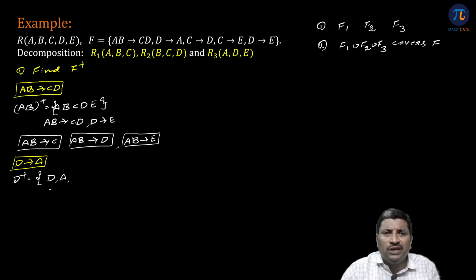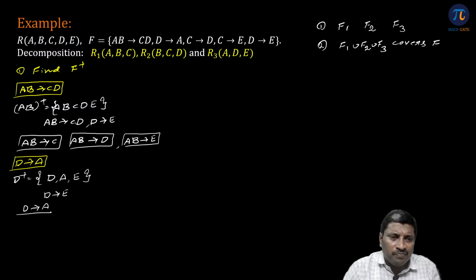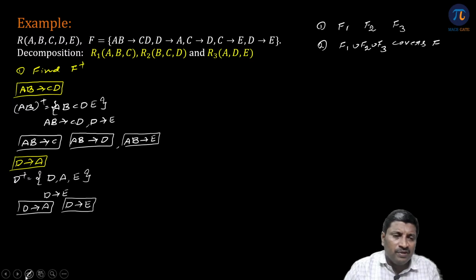With the D, A, yeah, with the D, I can get E. Then with the E, with the D, you can get A. That we already wrote, sir. That's it, I think. So we got D implies A, D implies E, right? That is with the second FD.